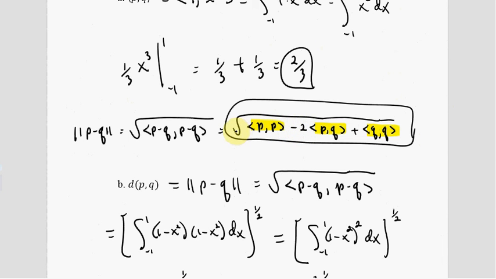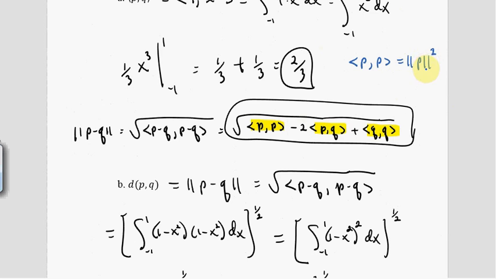And something that we can give you on the side. Notice here that this inner product of P with itself is the same thing as the norm of P squared, because the norm is the square root, right? So if I square that square root, I get the basic inner product.